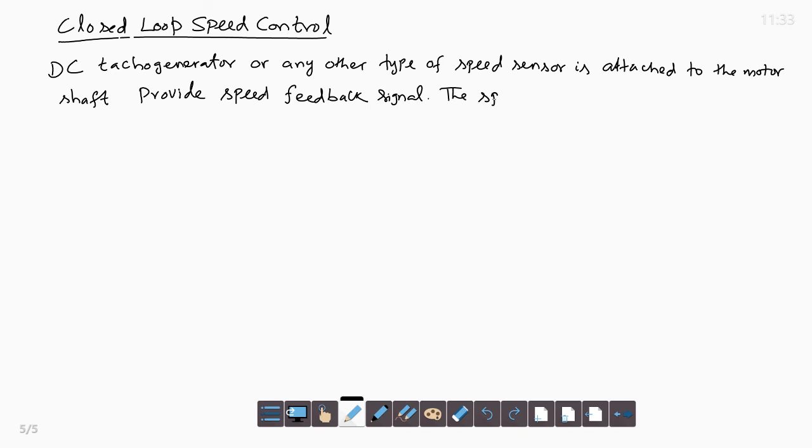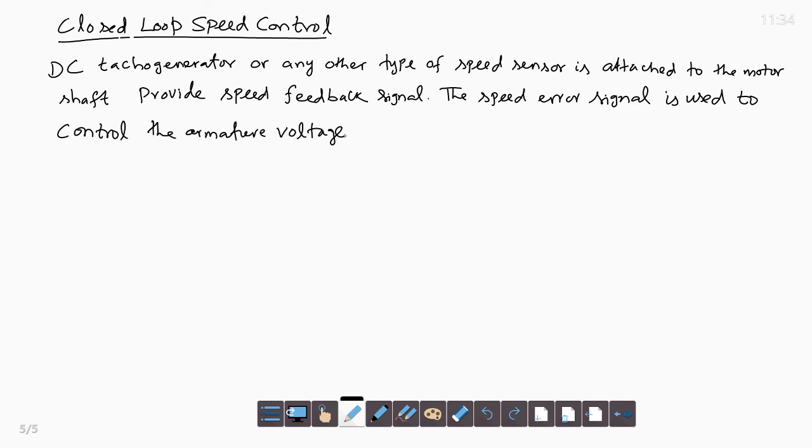The speed error signal is used to control the armature voltage by a 3-phase full converter, as shown in figure 3.